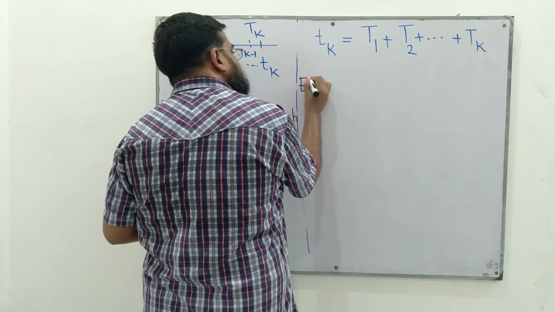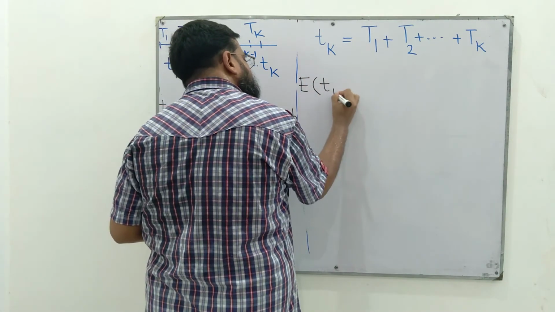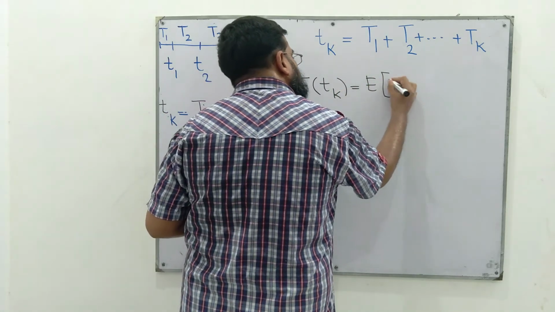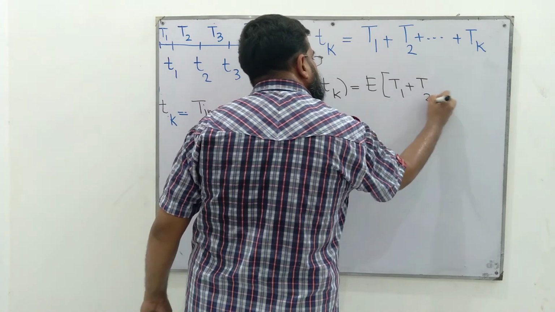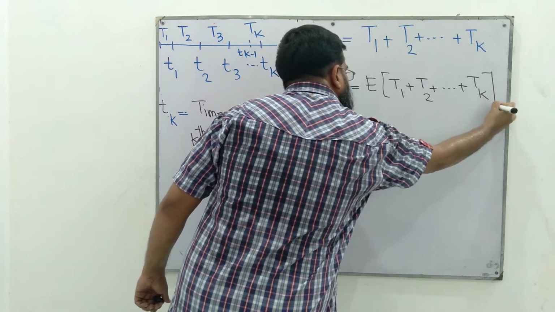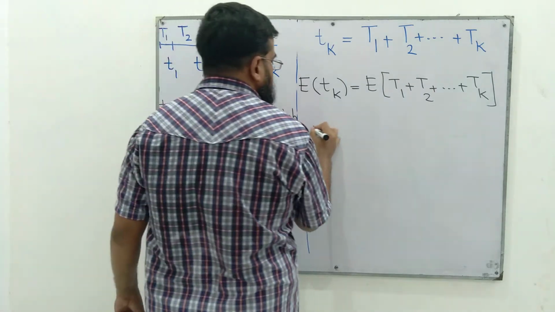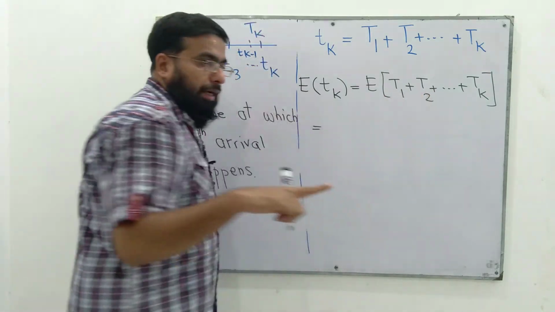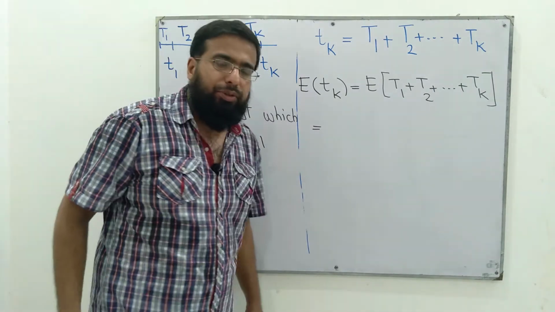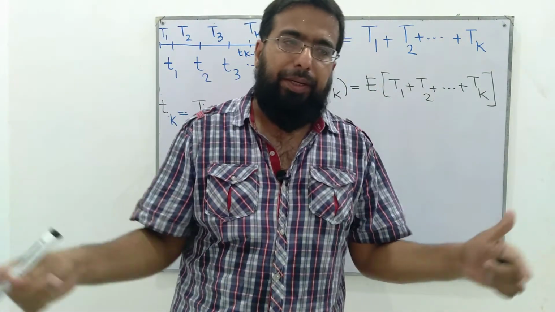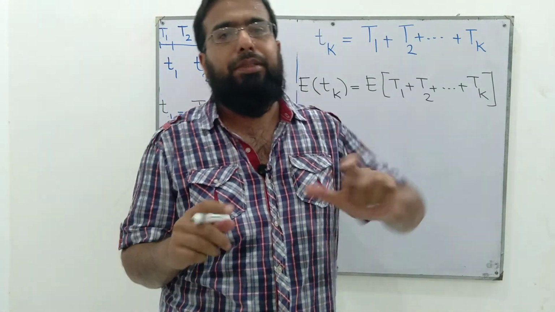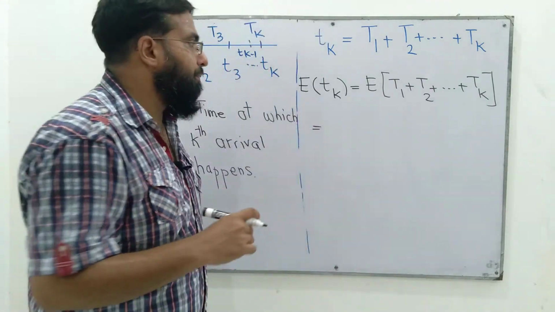So we can find the expected value of tk by computing the expected value over all these random variables, and we know that inter-arrival times are independent of each other. We have already studied that in a Poisson process, whatever happens in an interval is independent of whatever has happened before.